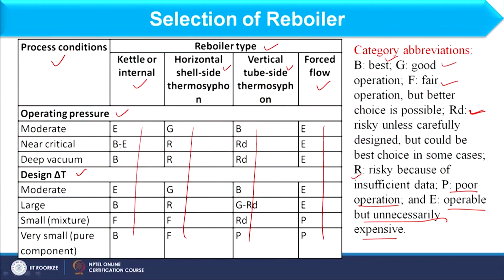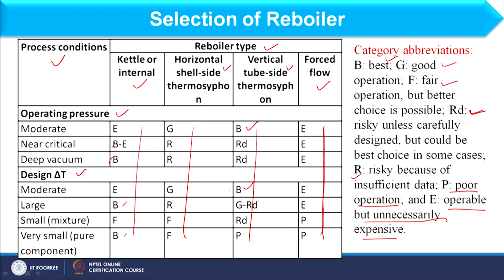So, in this table you can find out where B is available. If you keep on counting the B, in most of the conditions you will find B in vertical tube side thermosyphon reboiler. Let us see that. Here I am having B like 1, 2 and 3, 4, and here I am having no B, and here I am having B at 2 position.